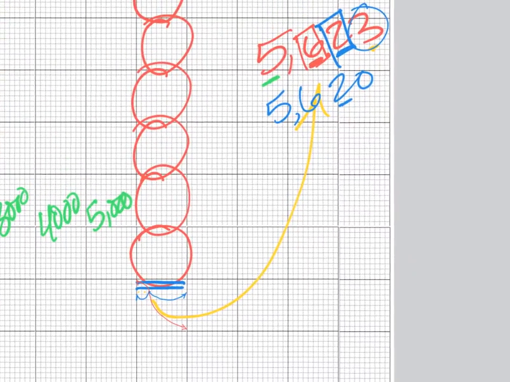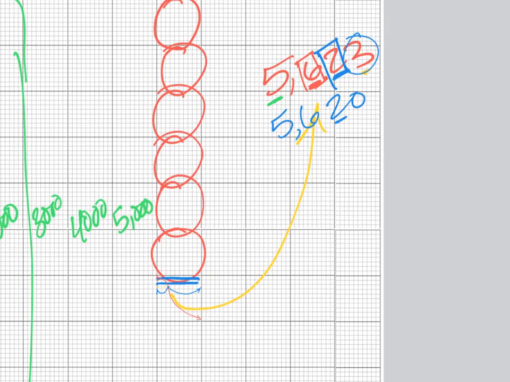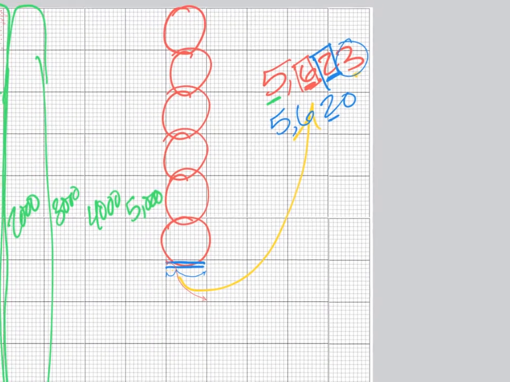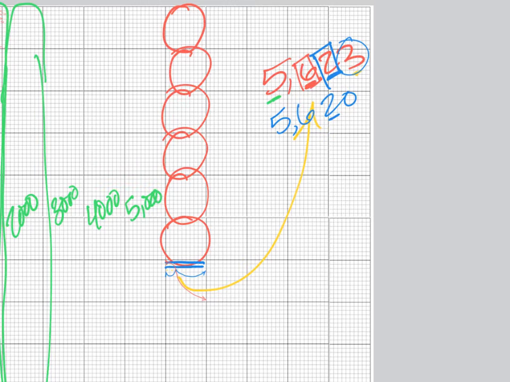And so I know that it's in between 5,600 and 5,700, and right away I can see that it's much closer to 5,600. And so I would round that to 5,600, which again makes sense. That 2 tells me that that 6 is going to rest. 4 or less, let it rest.